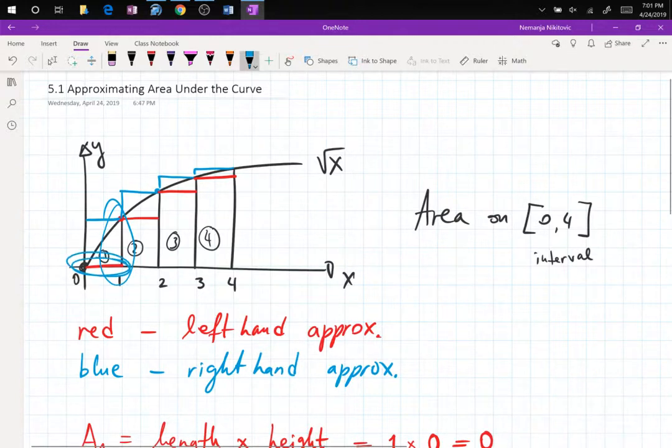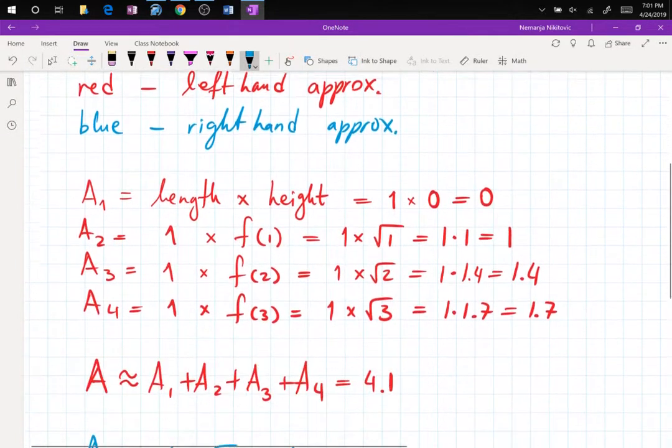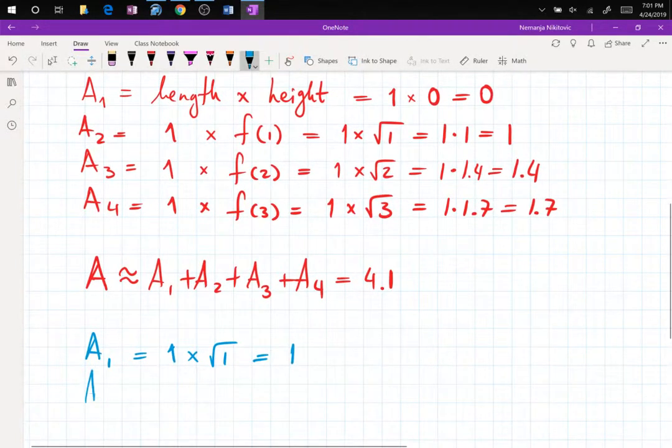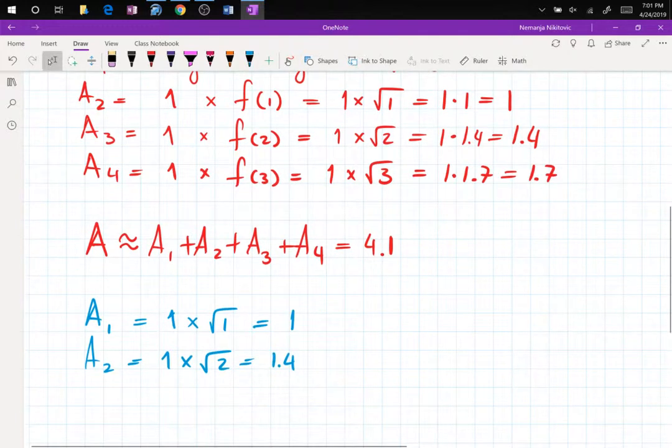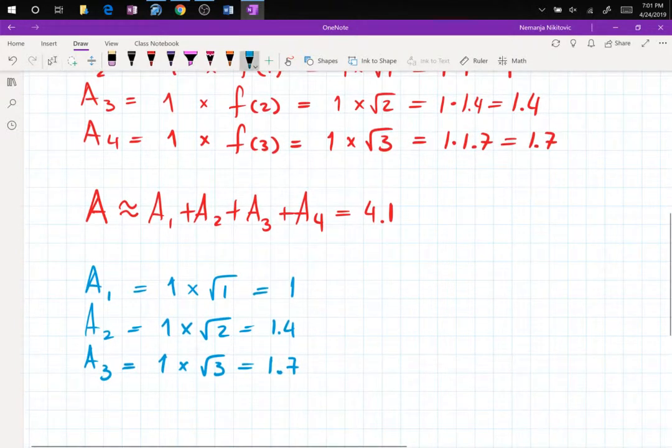And the width of the rectangle is 1 unit. So A2 is 1 times square root of 2, which is, we said, 1.4 about. We are approximating, so it's okay. Then 1 times square root of 3, which is 1.7, and then A4 is 1 times square root of 4, which is 2.